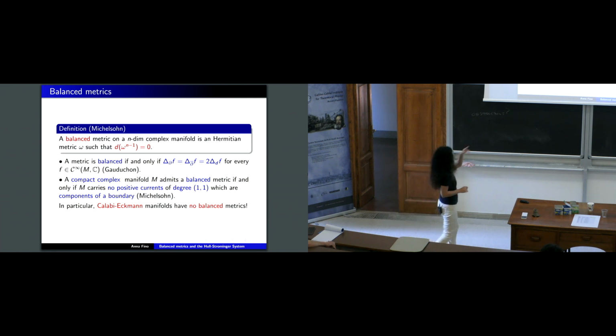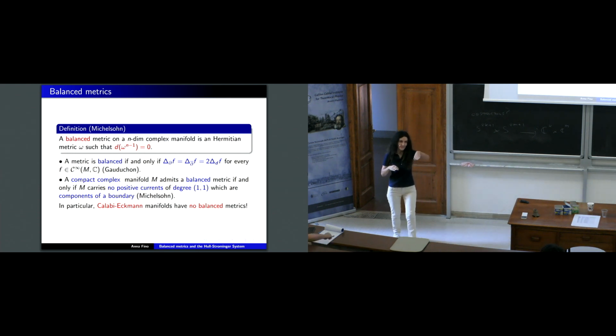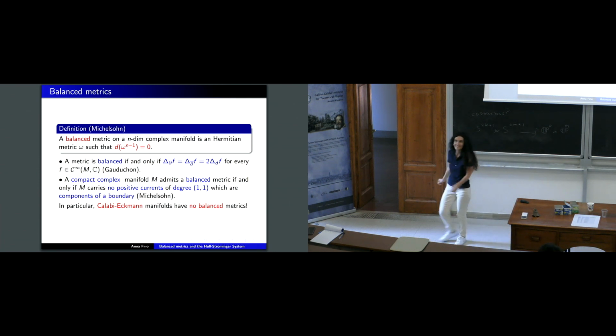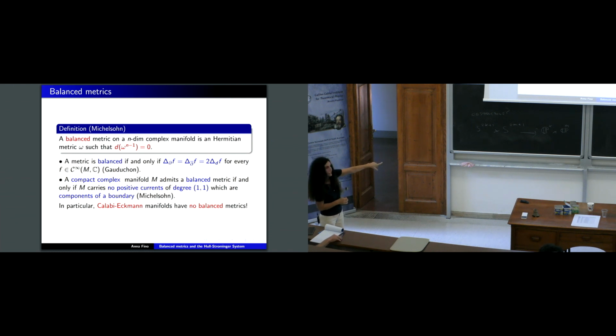For instance, one can apply that obstruction to Calabi-Eckmann manifolds. So we have something like the product of two odd-dimensional spheres, and the complex structure is essentially given by the natural projection to the product of complex projective spaces. If you take such a complex structure, then you cannot have a balanced metric.